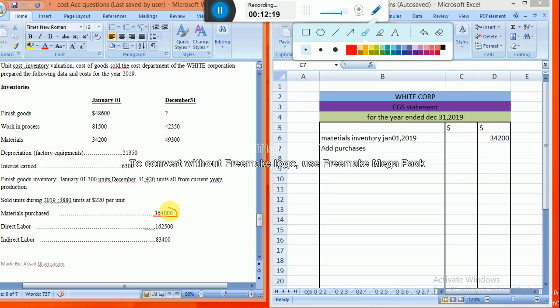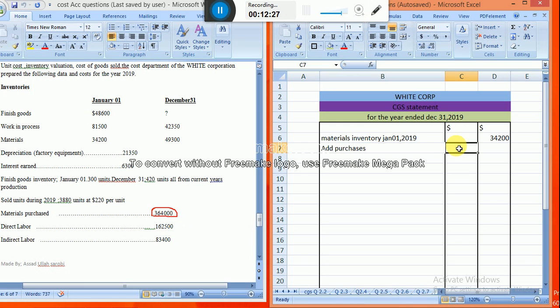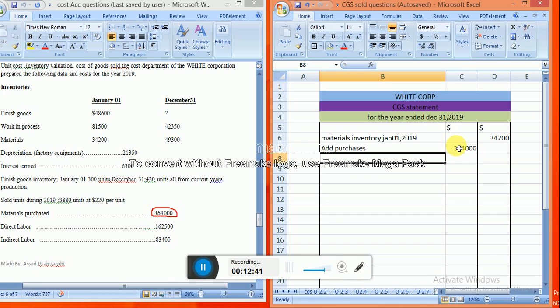Look at this amount. So this will be added here, $3,64,000. With this purchase when we made, purchase discount is also given.